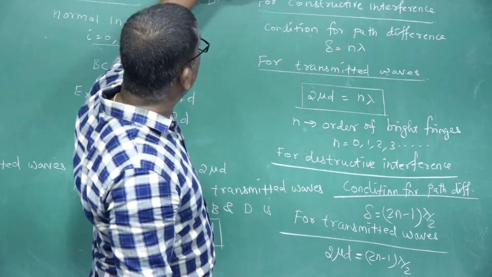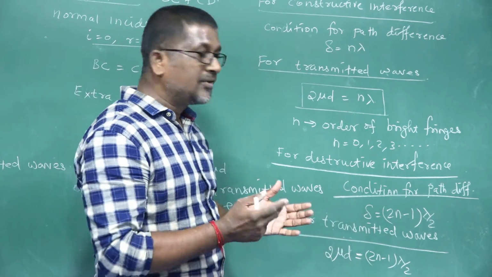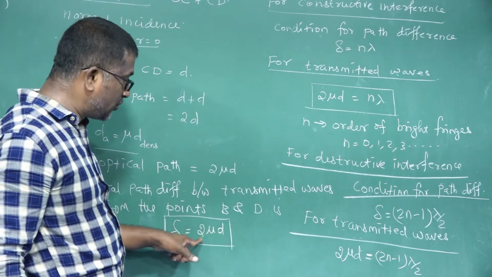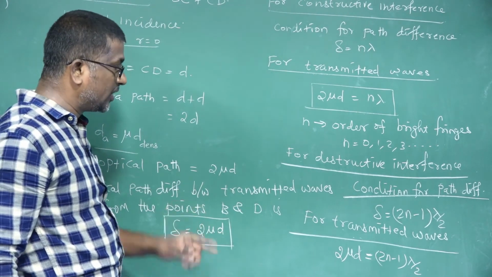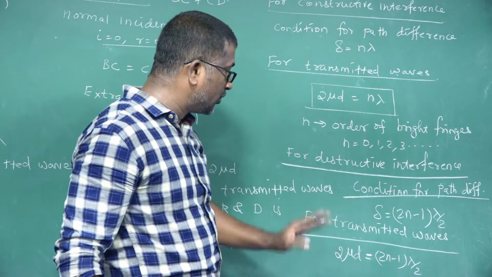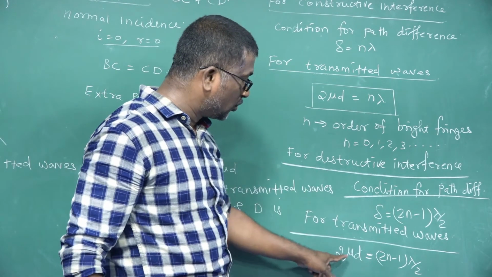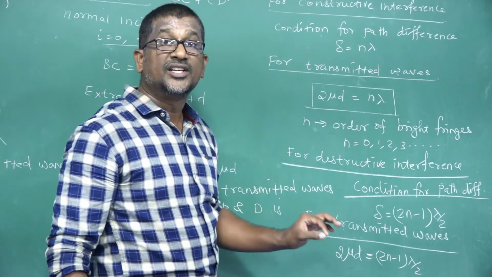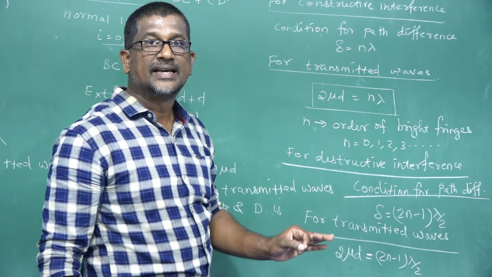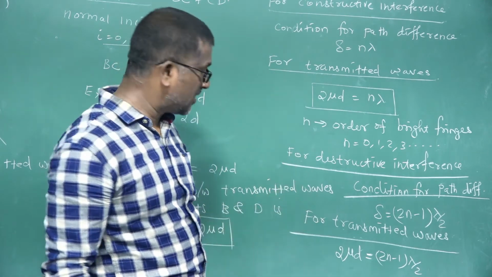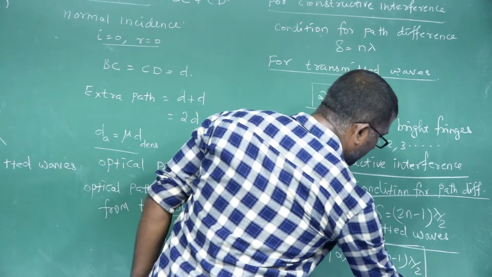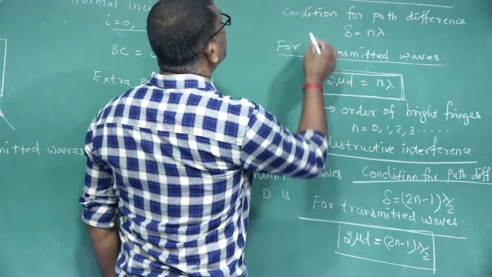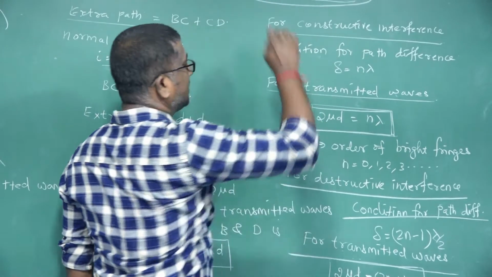In the interference due to transmitted waves, the path difference between the transmitted waves is derived, that is del is equal to 2 mu d. Substituting del is equal to 2 mu d, the condition becomes 2 mu d is equal to 2n minus 1 lambda divided by 2. So this is the condition for destructive interference in the case of transmitted waves, and the earlier one is the condition for constructive interference.